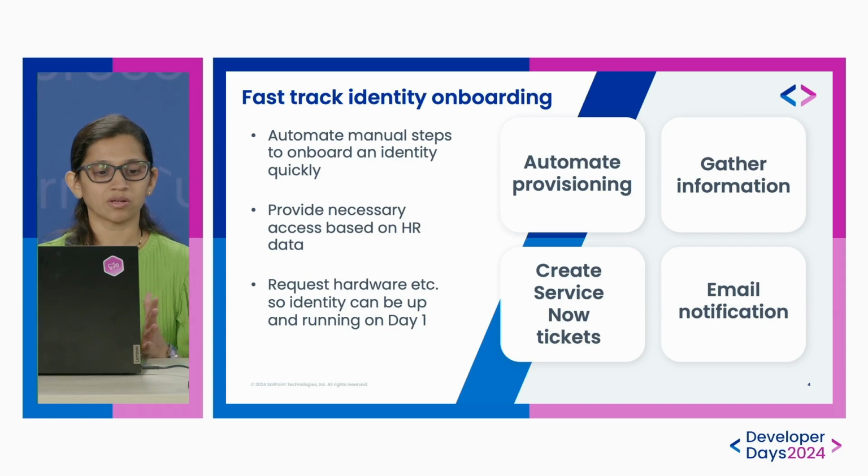So once we automate the entire process, that's going to help us bring this onboarding time down, and then we'll have the user up and running on day one, when they start their job and responsibilities.